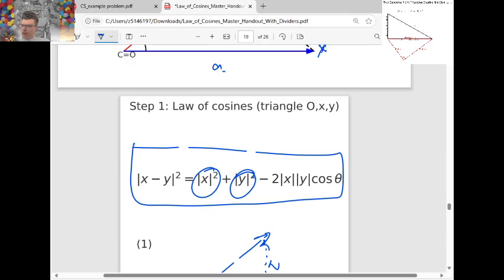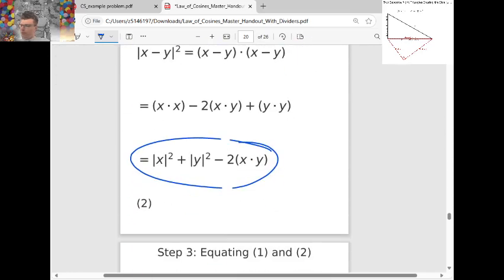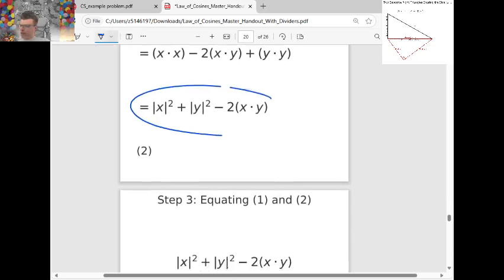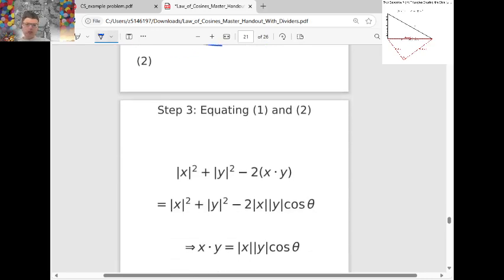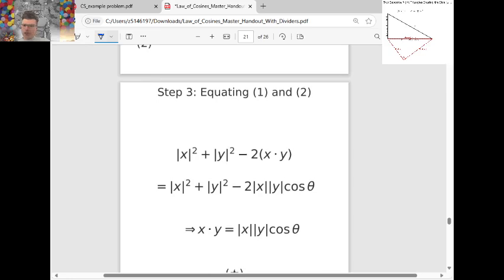Now have a look at that, and have a look at the right-hand side. They're sort of similar, except the right-hand side has this cos theta. If you look at it, they look almost the same. The right-hand side just has a cos theta here. So we will remove this cos theta. Now what we're saying is we can equate them. And because they're almost the same, they almost cancel each other out, and you get this.